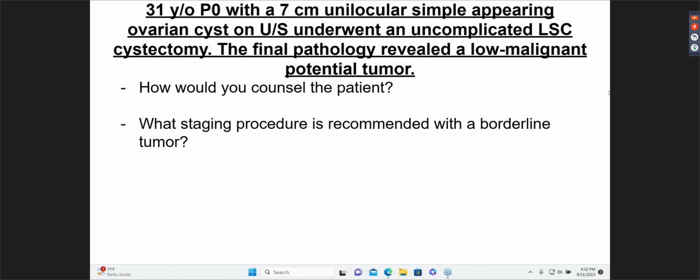If there are any other suspicious findings in the pelvis, or if there was a breach of capsule during the surgery, then yes, lymphadenectomy or at least lymph node biopsy should be done. So only if you had a higher stage, or you suspect a higher stage, is what you're telling me. That is my understanding, yes.